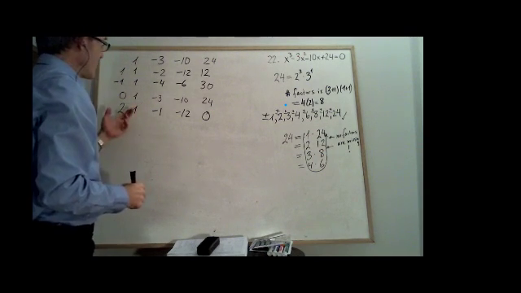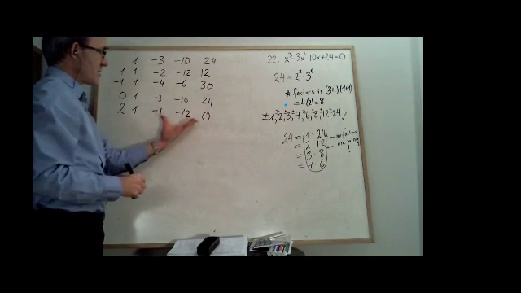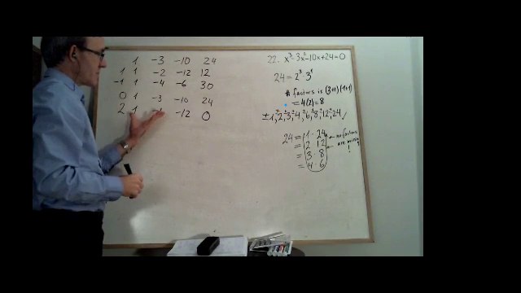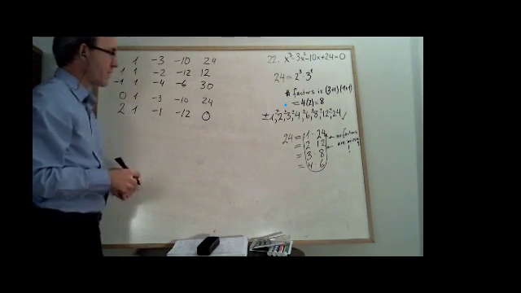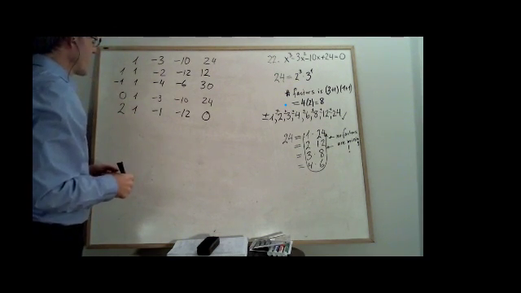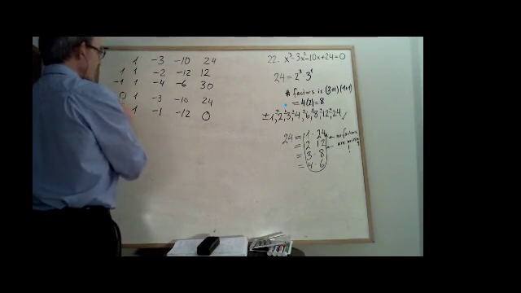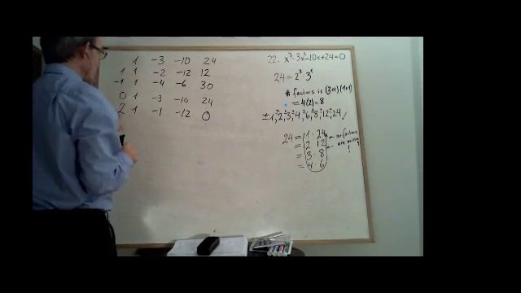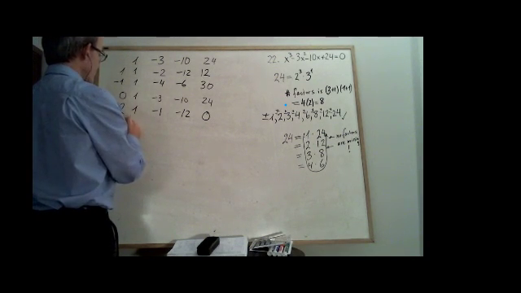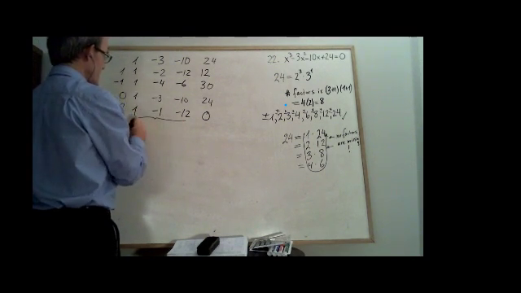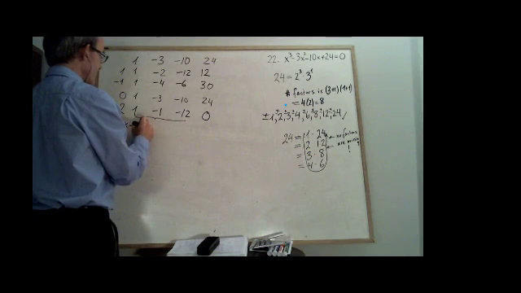All right, and now basically this will simplify the problem so much that we don't have to go any further. We don't have to check any further roots. Okay, so we have a rational root here. We have the remaining coefficients of the quotient polynomial here.